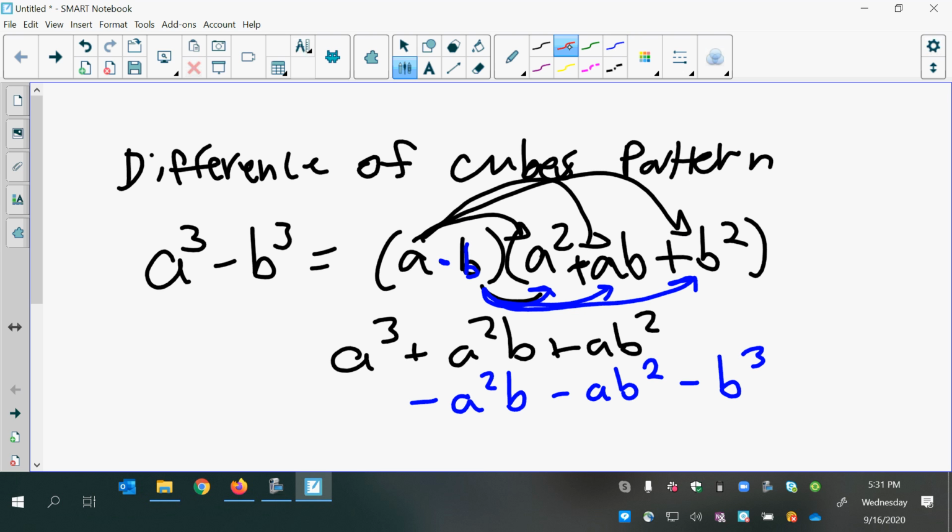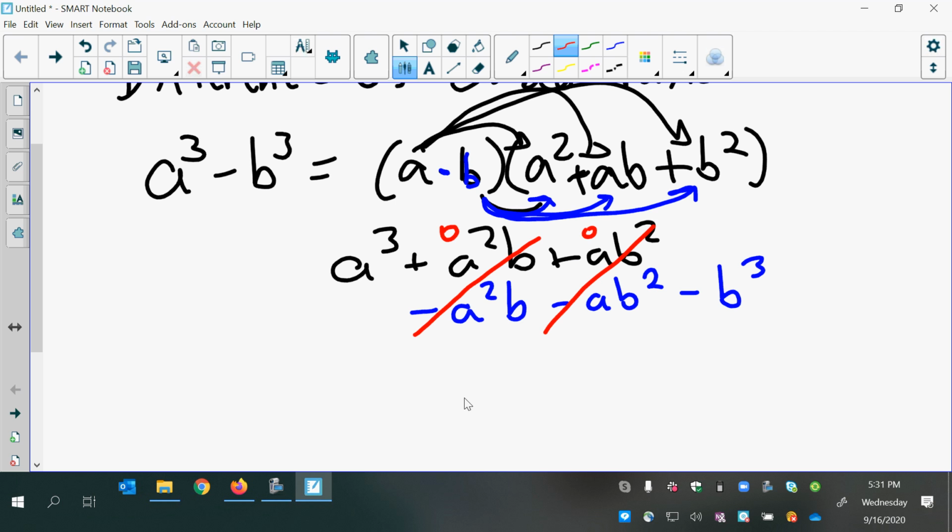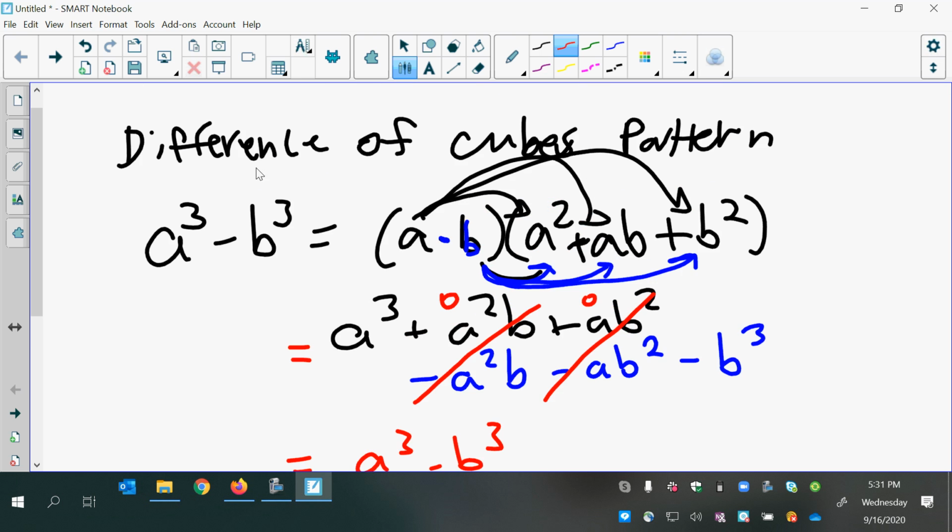And so because these are the same but opposite signs, they cancel out to 0. And so notice that we get back to the original a cubed minus b cubed. So that's the difference of cubes pattern.